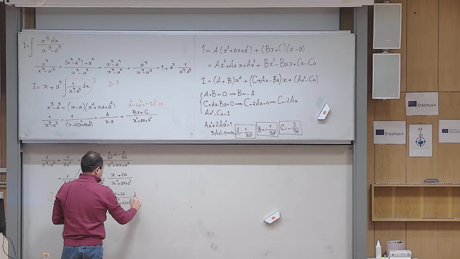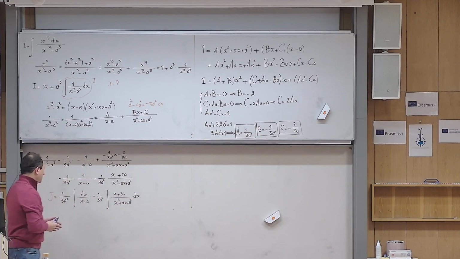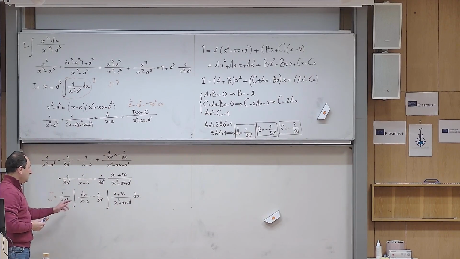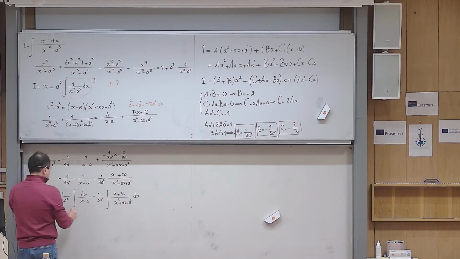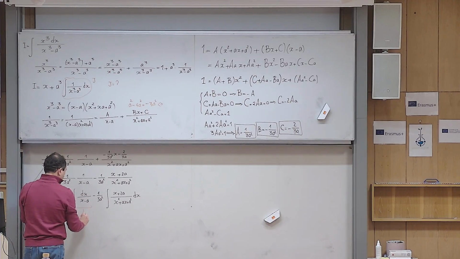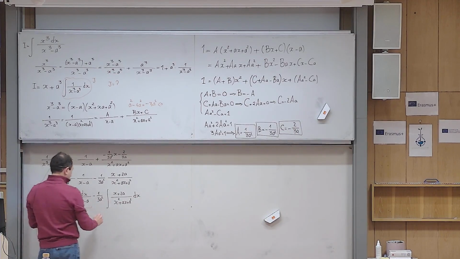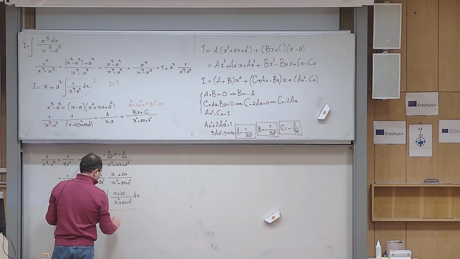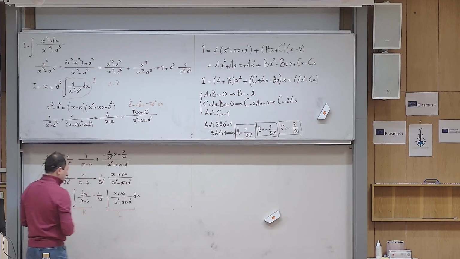And then I have dx. Okay, but now in order to calculate j, I have two integrals to calculate. This integral, if you don't mind, let me call it k, but this is a very standard one. Both of them are standard ones, but let us just deal with them separately and call this L.